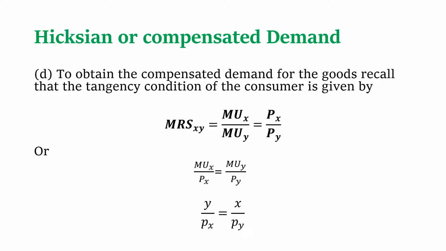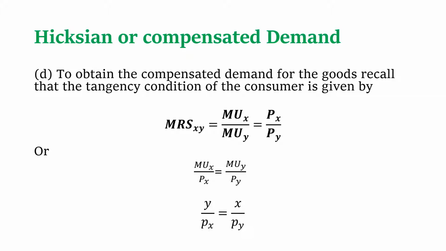Now let's go to the D part, which says what? Obtain the compensated demand function, right? Again, we are not going to use the complex Lagrange multiplier here. Now, we are just going to set the condition: MRS equals MUx over MUy equals px over py, right?